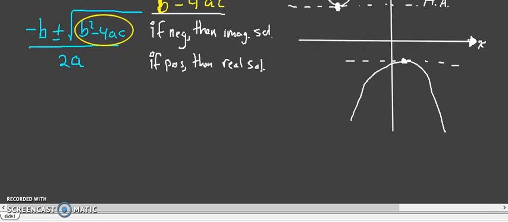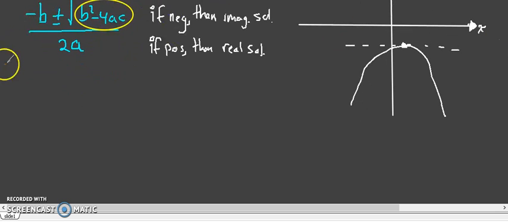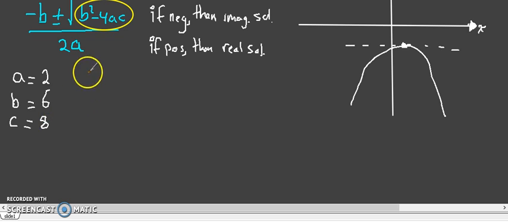So let's work through an example real briefly. Let's say that a in this example is equal to 2. Let's say b is equal to 6, and let's make c equal 8. So in this example, b squared is 36. And then we'll have minus 4 times a, which is 2, times c, which is 8.